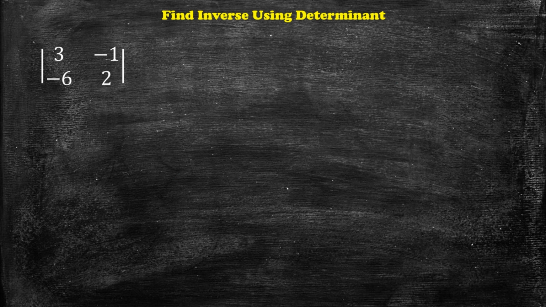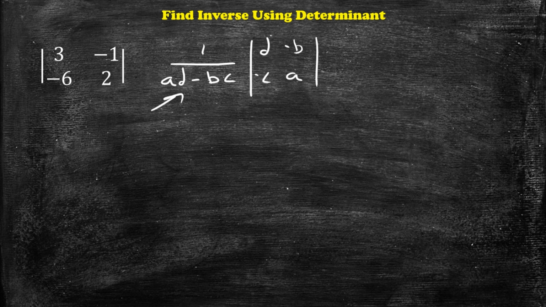And what we want to do is multiply 1 over our determinant, which is AD minus BC, multiplied by D, negative B, negative C, A, like that. So let's go ahead and find our determinant first.